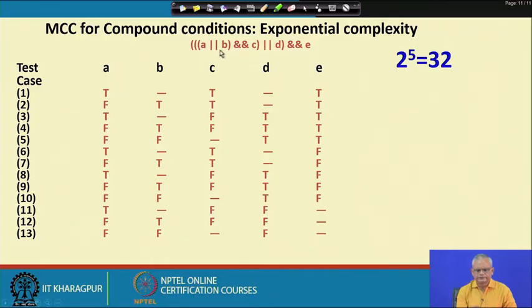Even if we have just 5 clauses in this example expression, to test for multiple condition coverage we need 2 to the power 5 test cases, and that is 32.